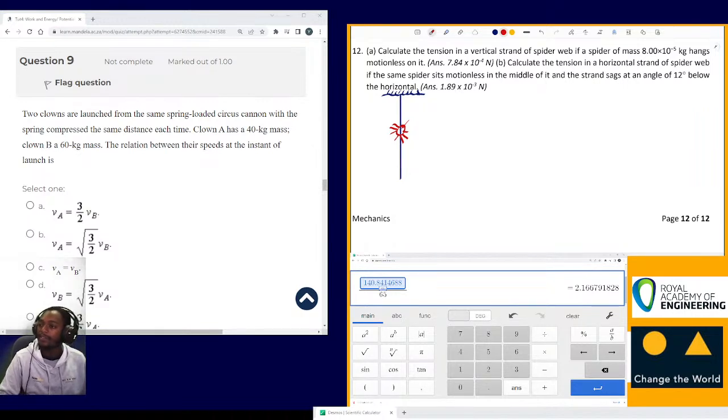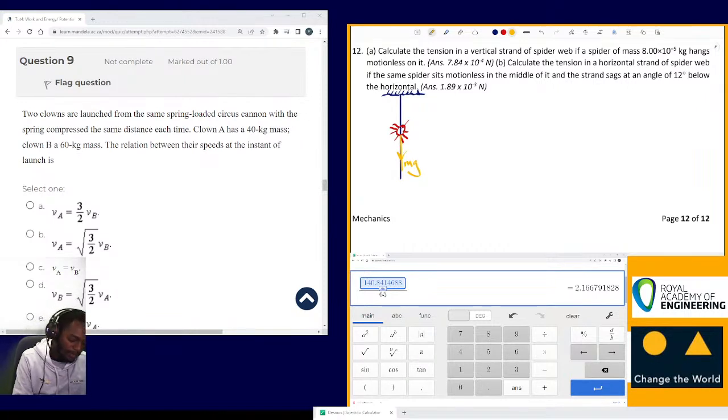And what else are we told? We have been asked to find the tension. Okay, calculate the tension. So let's identify the forces that are there. So of course we have got the weight, mg, going down, and the tension will be the force that is going to balance this weight.